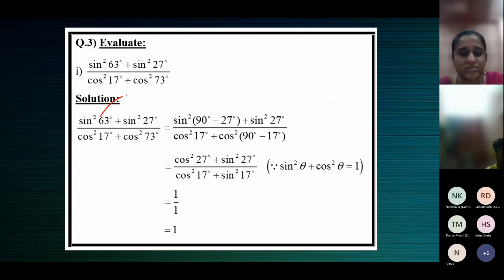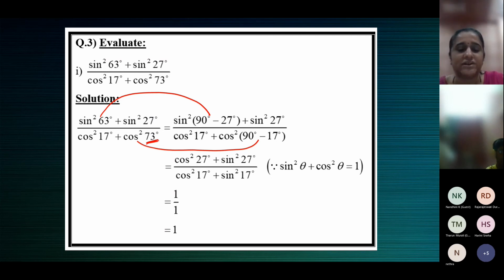We're writing sine square 63 as it is, sine square, instead of 63, we're writing 90 minus 27. That's all. And in the denominator, write cos square 73 as 90 minus 17. 90 minus 17 is 73. So write cos square as it is, and instead of 73, write its equivalent.